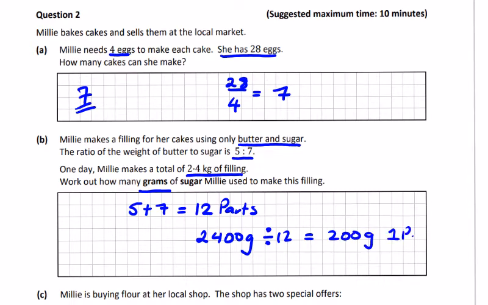If we want 5 parts and 7 parts, we multiply this by 5 and 7. 200 by 5 and 200 by 7 should add up to the 2,400 grams. That's 1,000, and this is 1,400. You can see they do add up. And this is the one we're looking for. Grams of sugar is the second one, the 7. So 1,400 grams of sugar and 1,000 grams of butter in this mix.